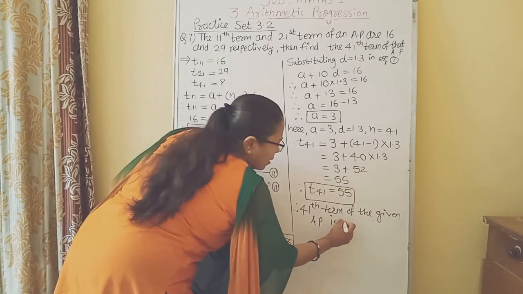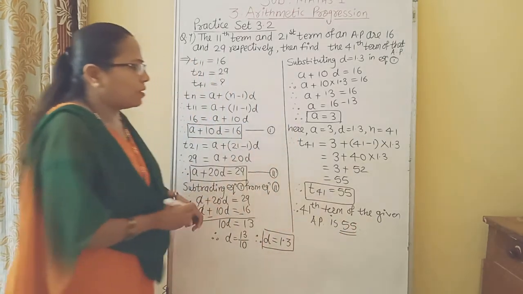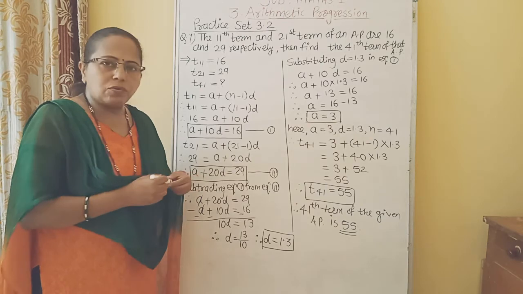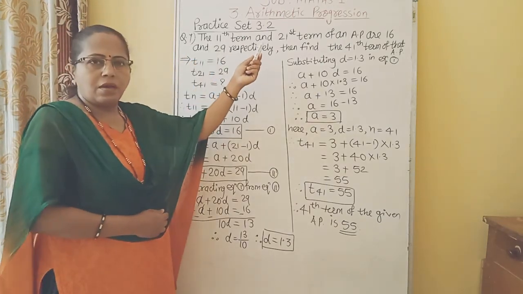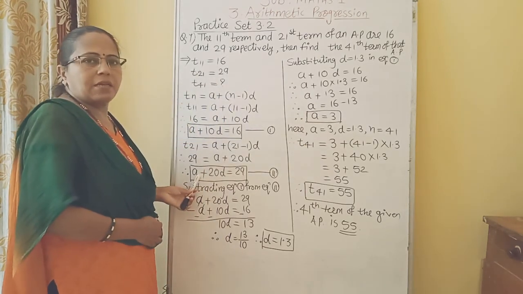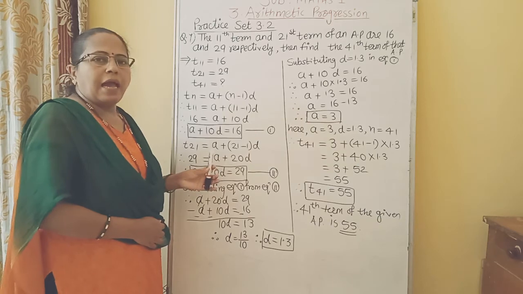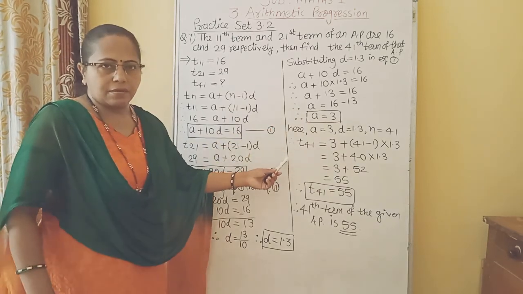So the answer is 55. Understood? So student, whenever such type of questions are given, you can apply this method. You will get two linear equations in variables A and D, and by solving them you will get the A and D values and you can find the next term. Followed?